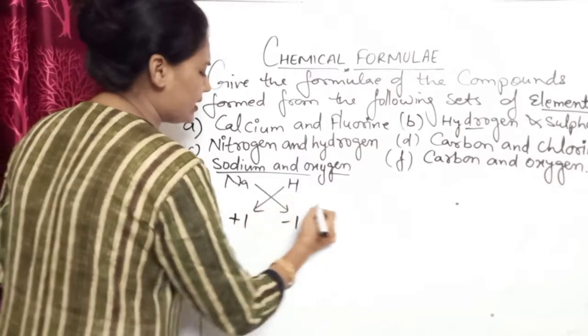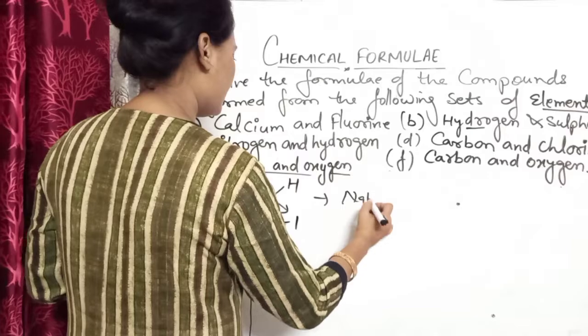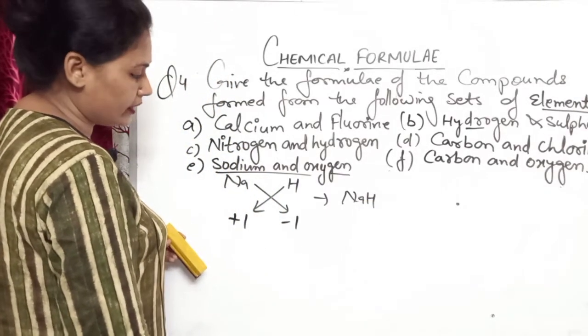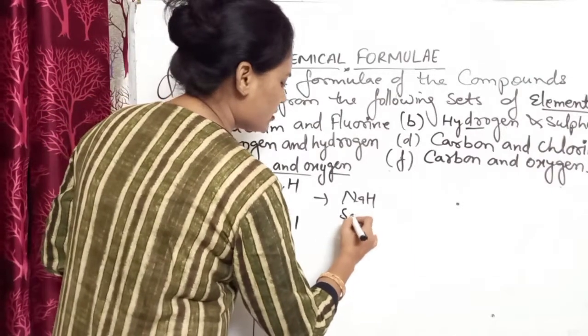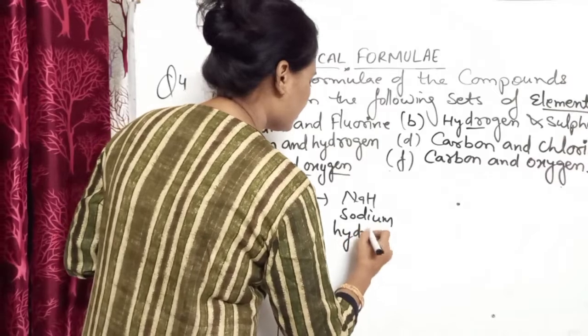Cross over the valency, valencies are the same. Our formula is NaH, sodium and hydrogen, that is sodium hydride. Its name is sodium hydride.